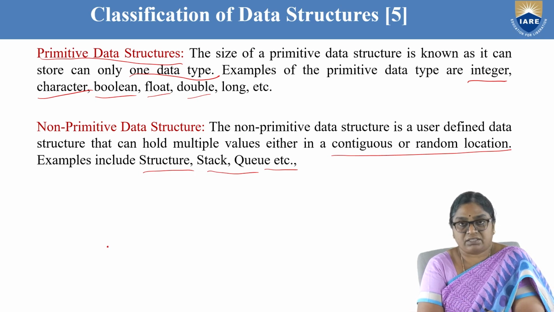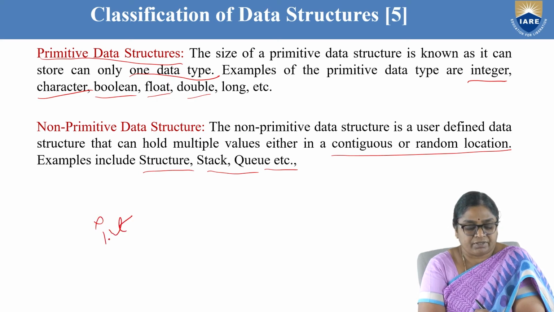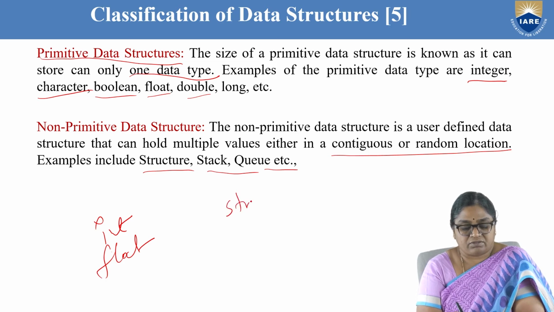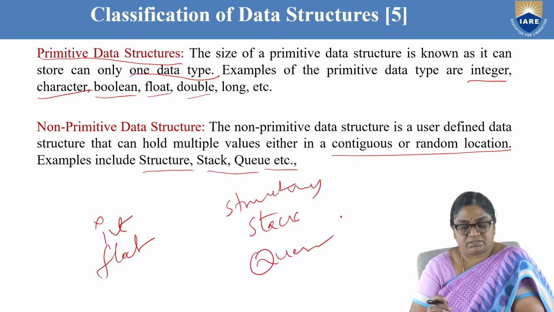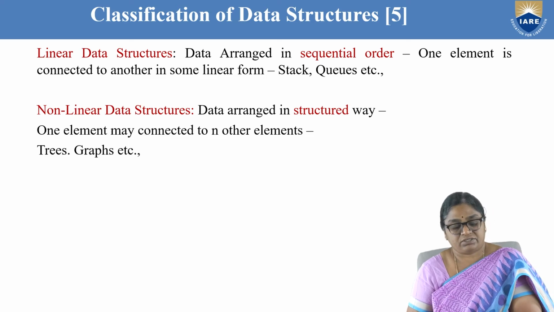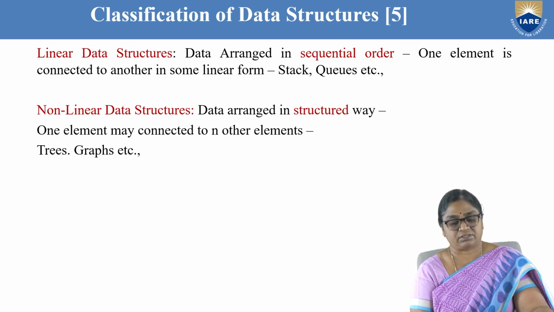Primitive data structures are nothing but the primitive data types like int, float, etc. Non-primitive data structures are the user-defined data structures, that is, structures, stack, queues, trees, etc. Next, this non-primitive data structure can be further classified into linear data structures and non-linear data structures.